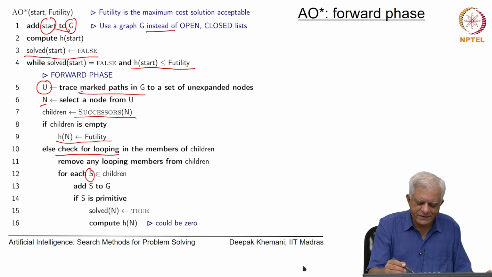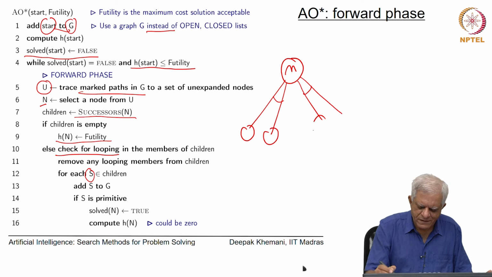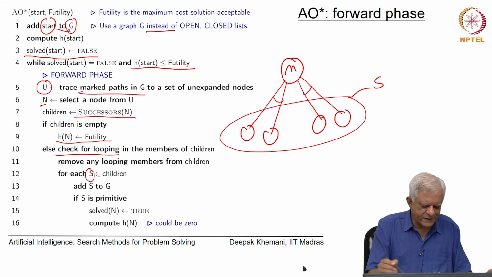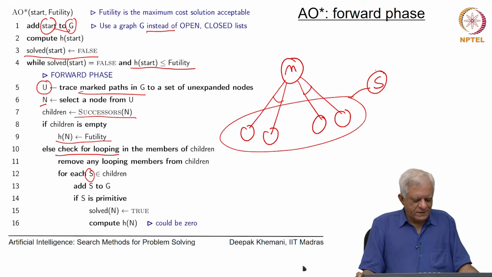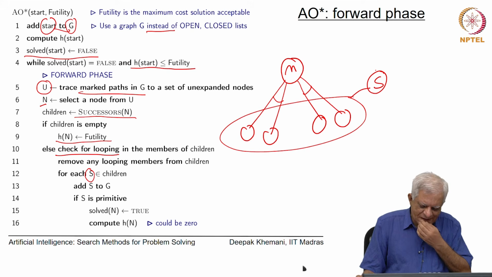So, what is the situation? For example, you had n, and let us say you have two sets of children, and this entire set of children is called S in this diagram here. So, you add these nodes S to the graph, and for each of them we are calling it S here.